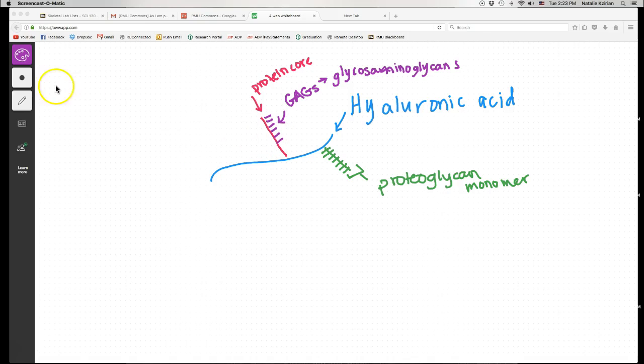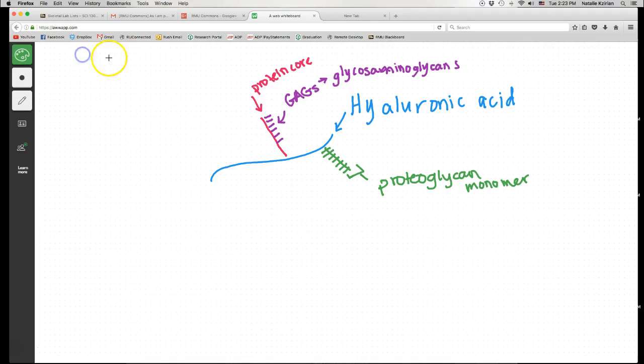What I want you to understand is that these two combined, your protein core along with your GAG, is that proteoglycan monomer. So those two put together.